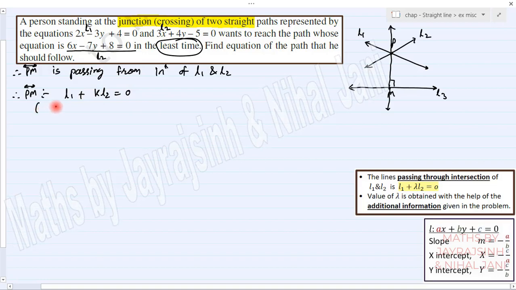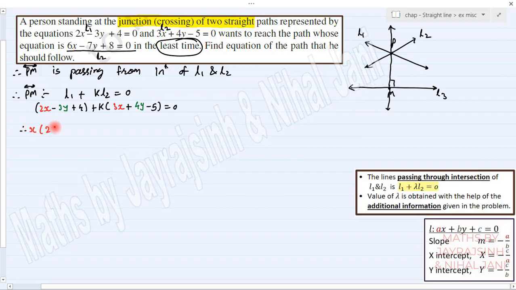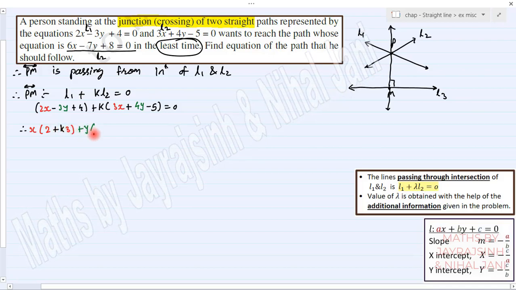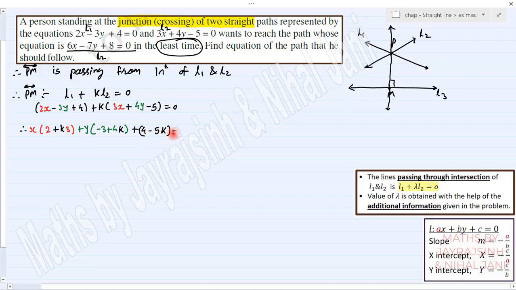Now let's substitute the equation of line L1 and L2, and if we collect terms of X, we will get 2 plus 3K. Then collect the terms of Y, we'll get minus 3 plus 4K, and from constant terms we will get 4 minus 5K is equal to 0. So we get our equation of PM line.